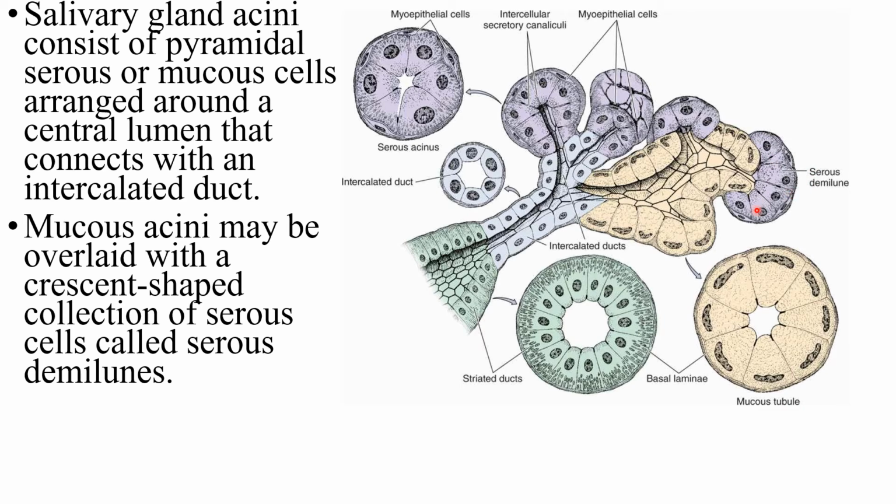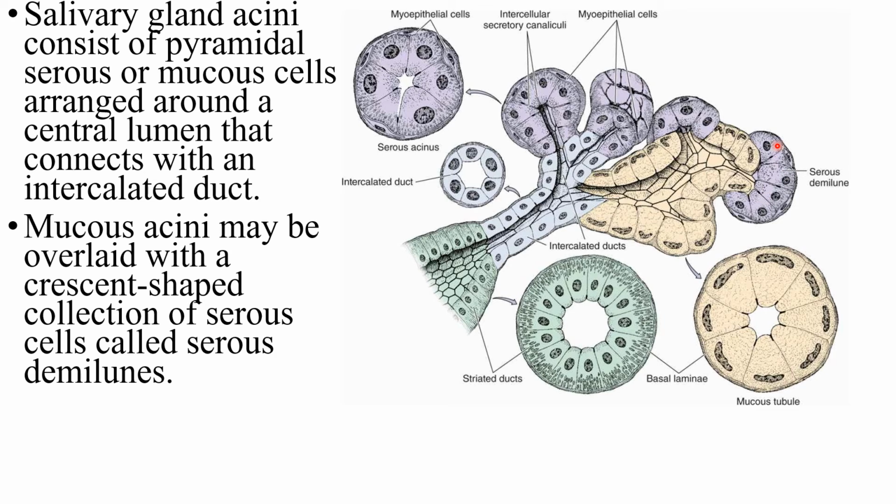This is very important. See here, there are two types of cells which can be differentiated based on their color. This is the mucous acinus, having some creamish or grayish color, and the one having purplish color is the serous acinus.